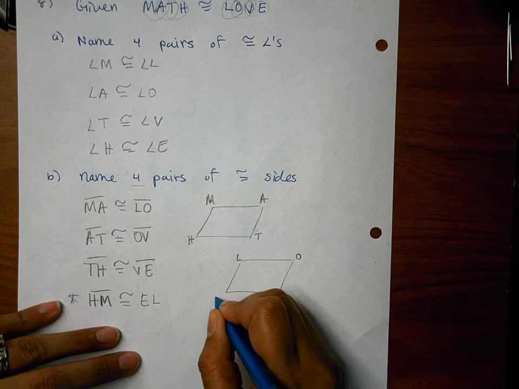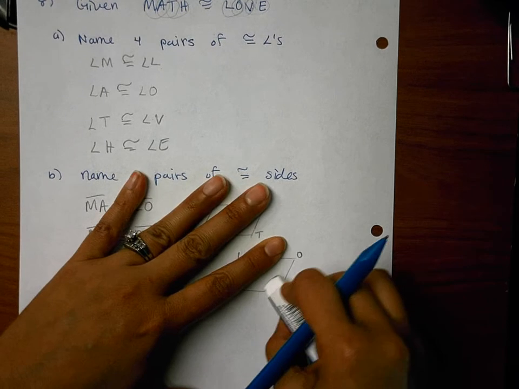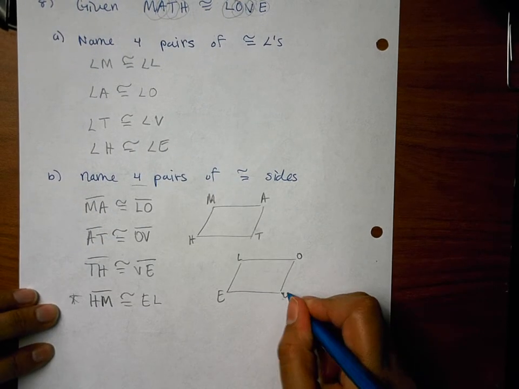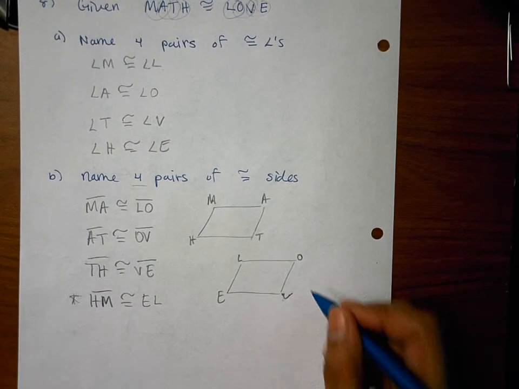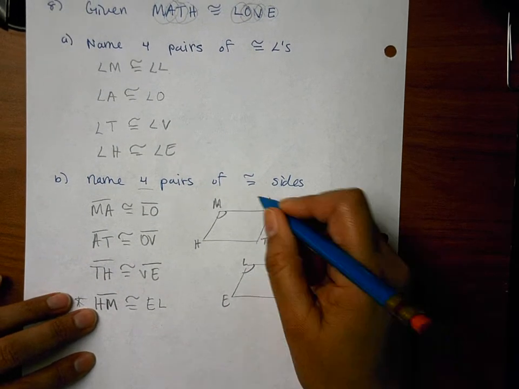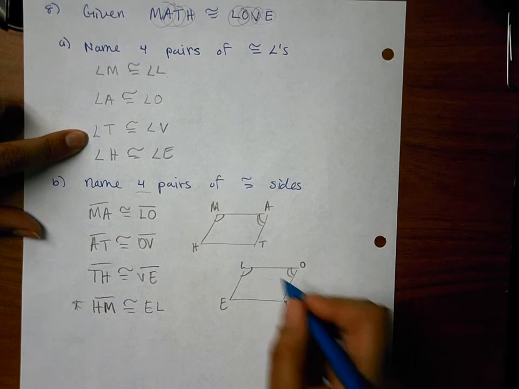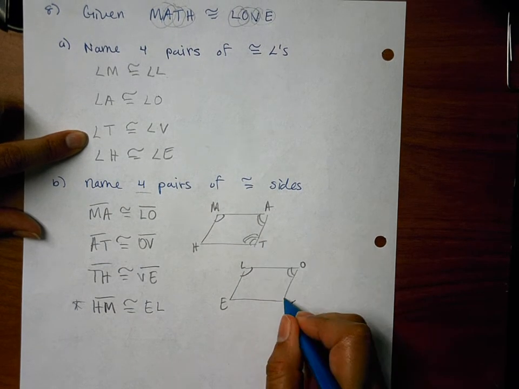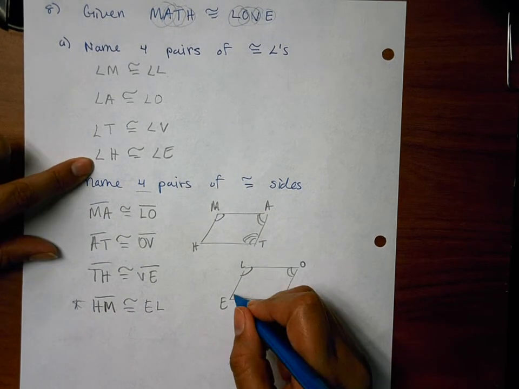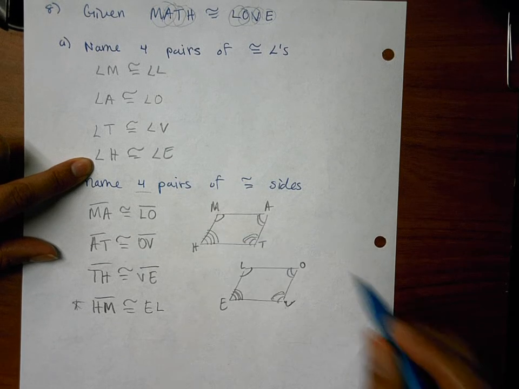Okay, M, A, T, H, L, O, V, E. And you can check angle M was congruent to L. A was congruent to O, T to V, and H to E.